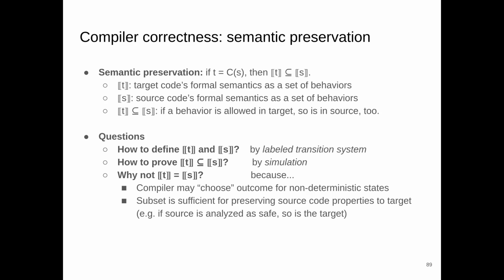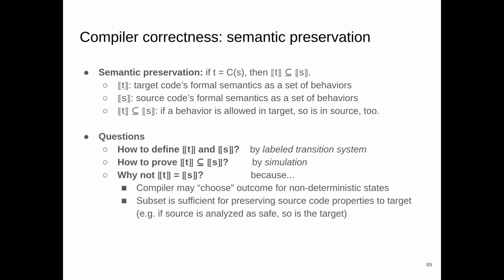Okay, and now semantic preservation requires that the set of behaviors for a target program is a subset of the set of behaviors of the source program. In other words, if a behavior is allowed in the target, for example, if printing 42 is allowed in the target, it should also be allowed in the source as well.